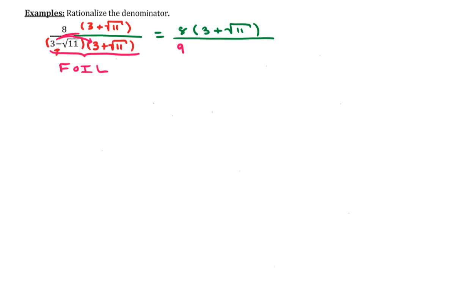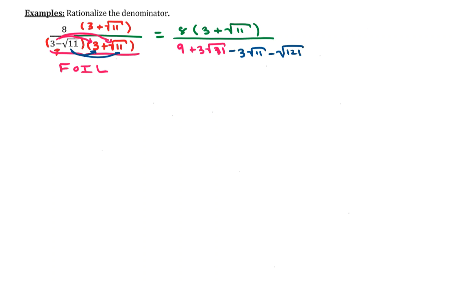We'll then do 3 times positive radical 11, so that's plus 3 radical 11. Oops, 3 radical 11, that is. And then we'll distribute the negative radical 11 to the 3. I'll write that as minus 3 radical 11. And then negative radical 11 times positive radical 11 is going to give us negative radical 121.